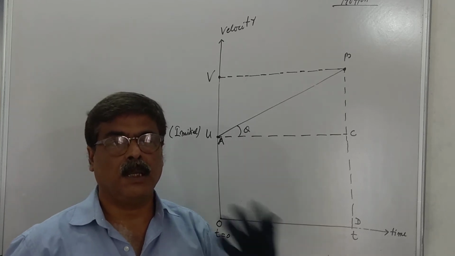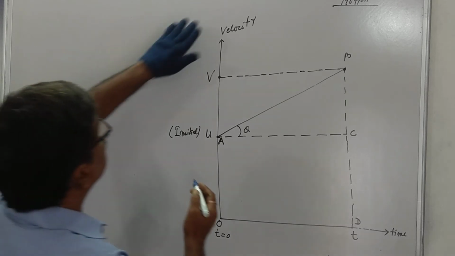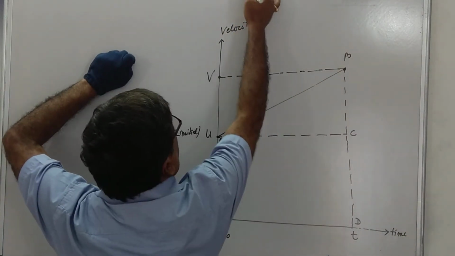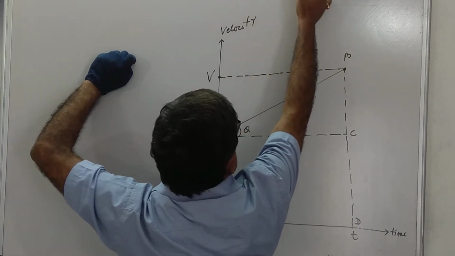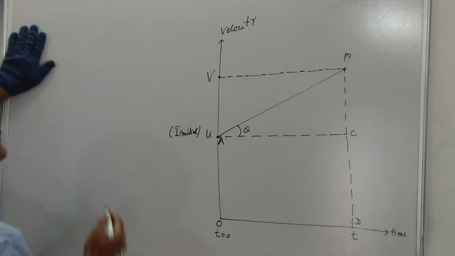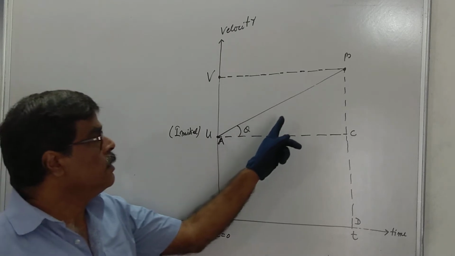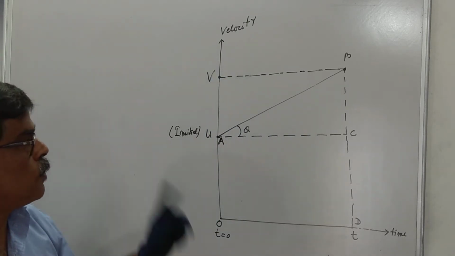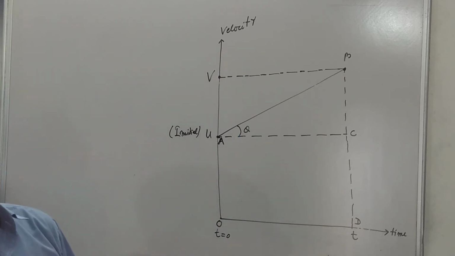Now, we establish the equations one by one. The first equation is the equation of velocity and time. This is our first equation. We know that the slope of the velocity time graph represents acceleration.